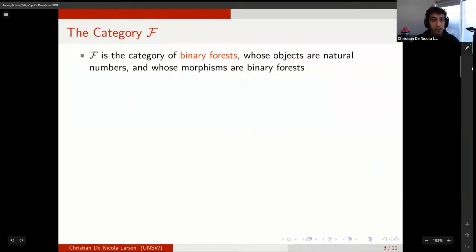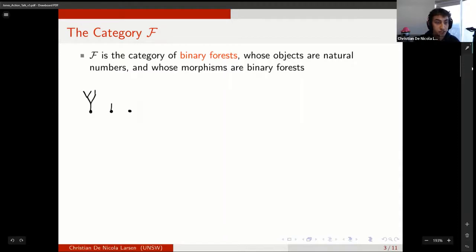In order to start this, I'd like to introduce the category of binary forests. The objects of this category are the natural numbers and the morphisms are binary forests. Let's see an example. Basically, a binary forest is a bunch of vertices arranged horizontally. In this case, I'll draw 3. These vertices are called roots. Coming up out of these roots, we have binary trees, something that looks like this, maybe.